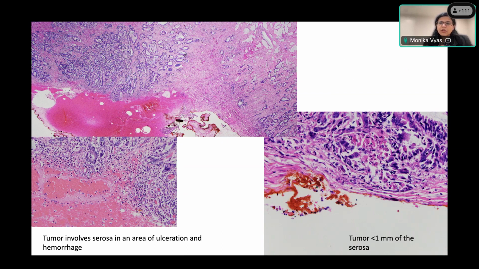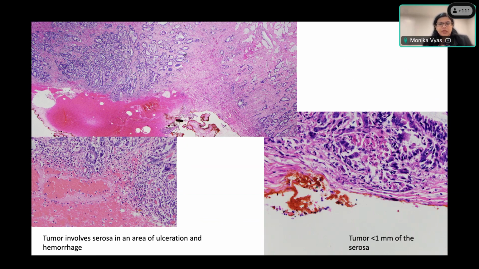If not, then depending on how confident you are, you could still stage it as PT4 and put in a note that the tumor is almost on the serosa, but there's only a few cells in between, and there is extensive serosal reaction, which makes you feel that this is a T4a tumor, and you're just not able to demonstrate it on the slide.